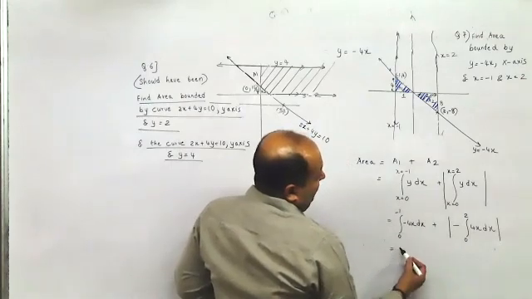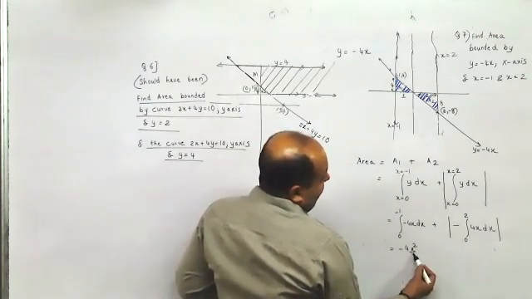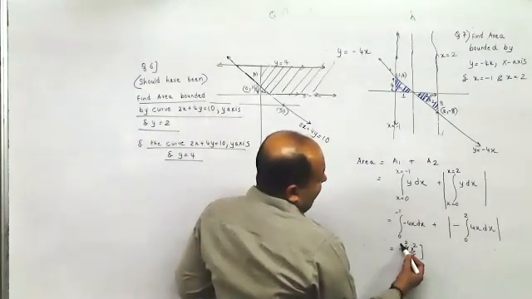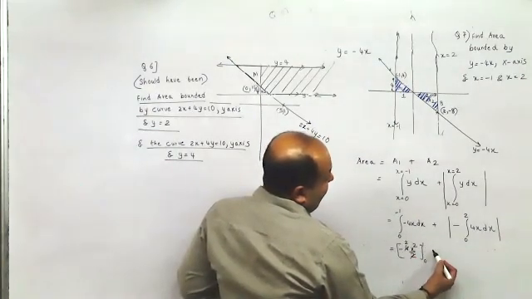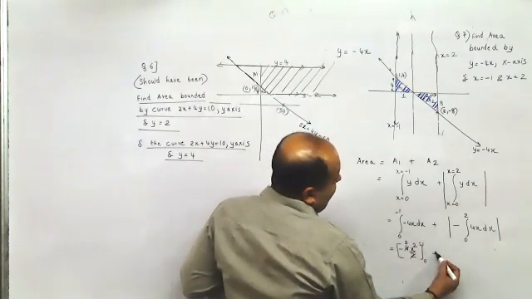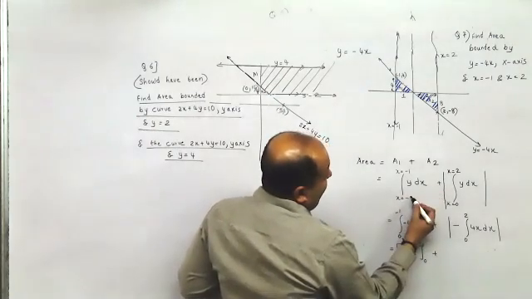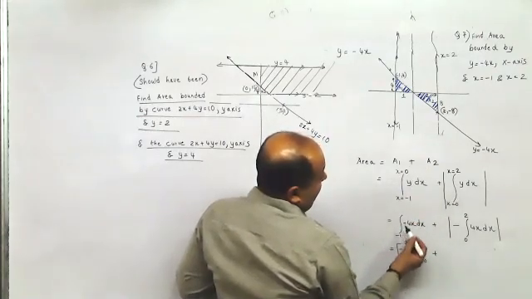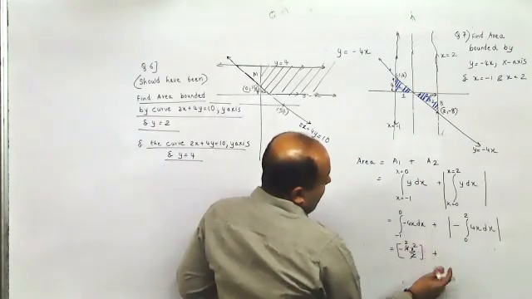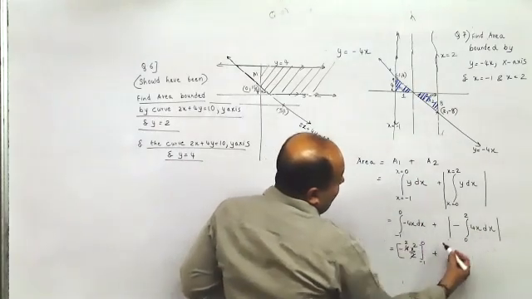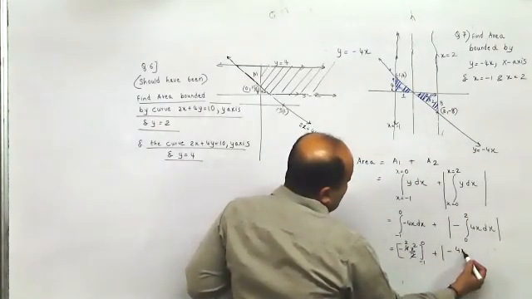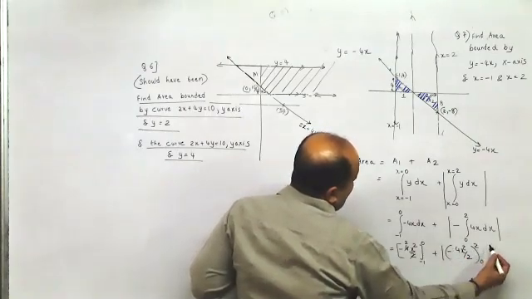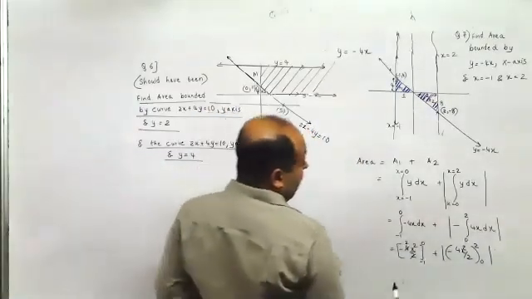So this would give you minus of 4x square by 2. You get minus 2x square here, and I should take minus 1 to 0, and here I would get minus 4x square by 2 between 0 and 2.